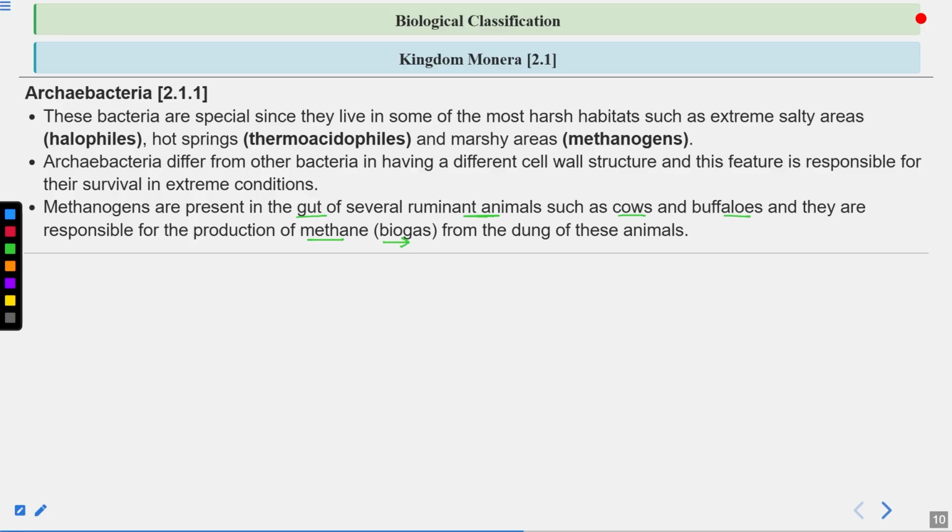Biogas is the biofuel. So this methane can be produced from the dung of these animals using methanogens. Clear? So methanogens come under archaebacteria.